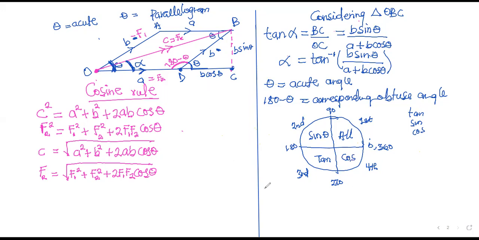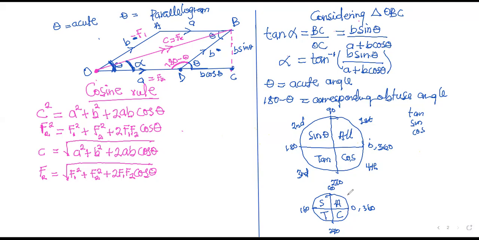So for easy remembrance, we draw a circle 0, 90, 180, 270 back to 360. This is A, all. This is sine. This is T. This is C. So we say all silly tomcats.